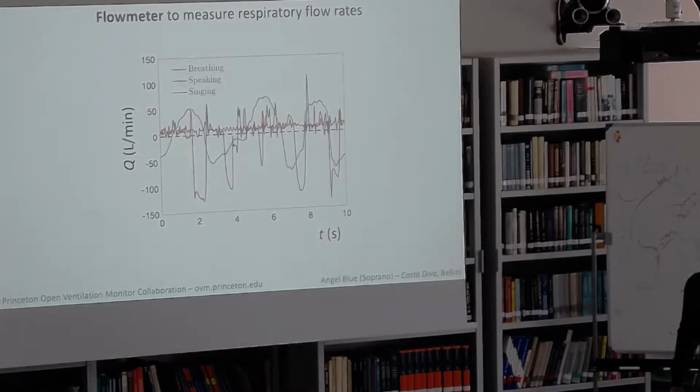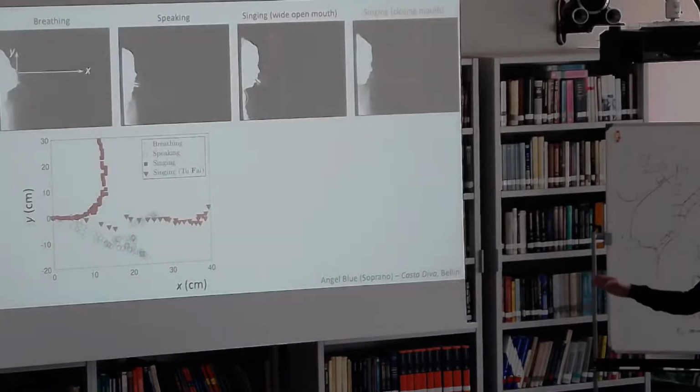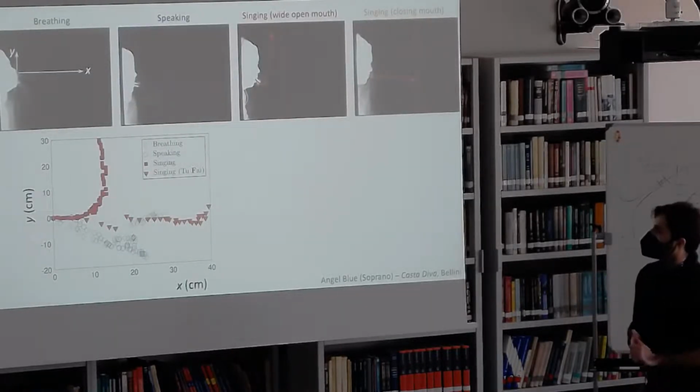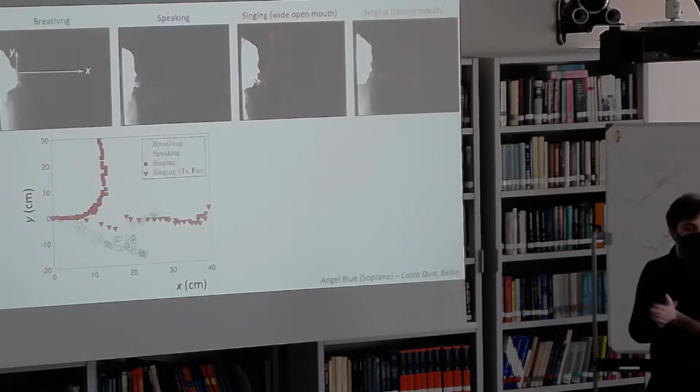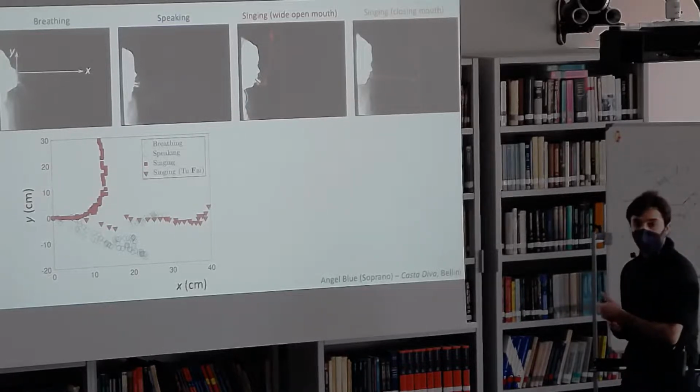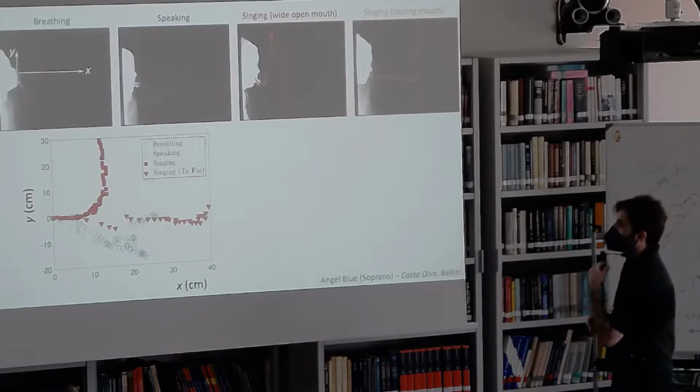And so now you can try to detect from the video the spatial extent of the jet you are able to measure with the visualizations, and try to see how it evolved with the different things that we have measured for the flow rate.